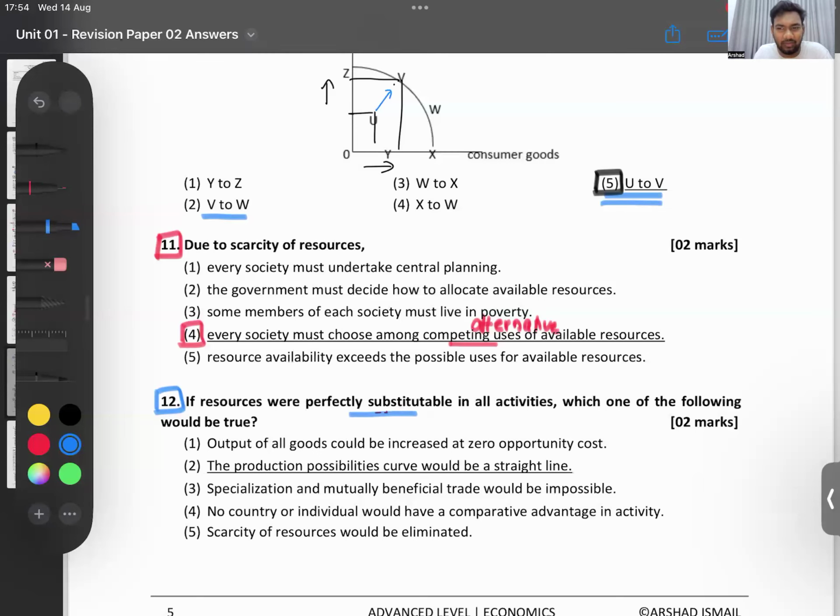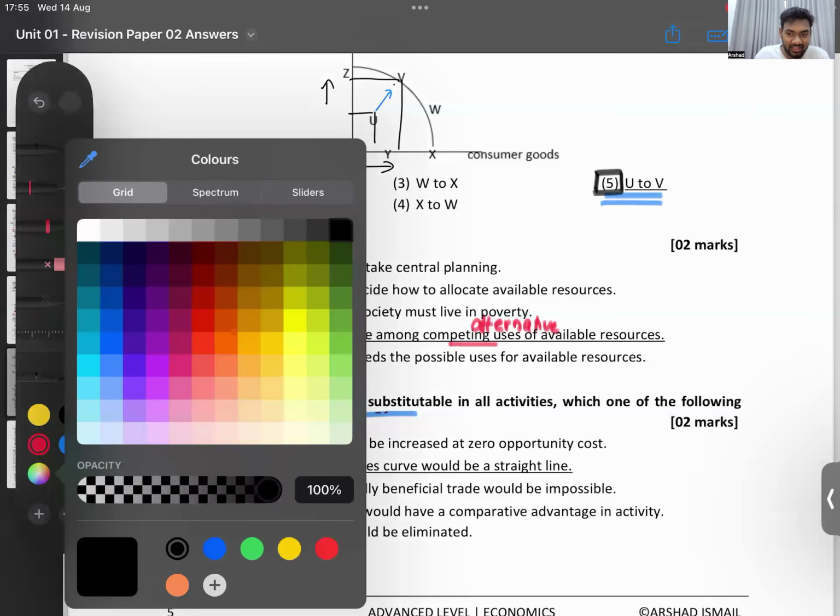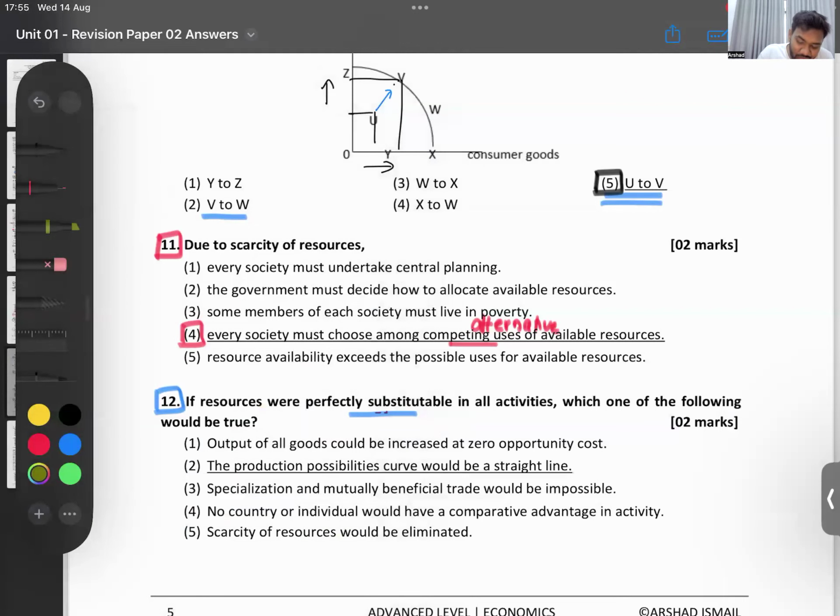Opportunity cost will be what level? If you can take the resources from here and put it there, then your opportunity cost is constant. If resources are perfectly substitutable, you can take the labor from here and put it in that. You can take this fellow here and put it there. Then there will be constant opportunity cost.